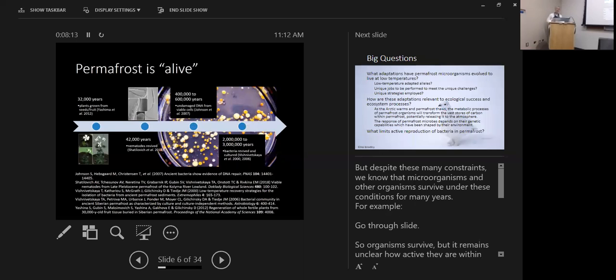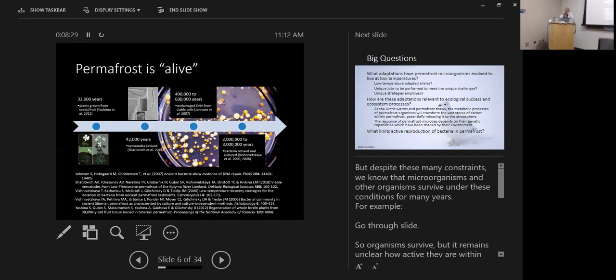We also know that they're not just dormant while they're in this permafrost, but they actually have to do something to be able to survive, because long-term burial in the permafrost selects against endospores, which, as we know, have no metabolism going on.